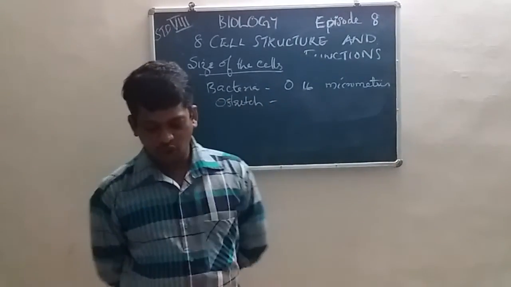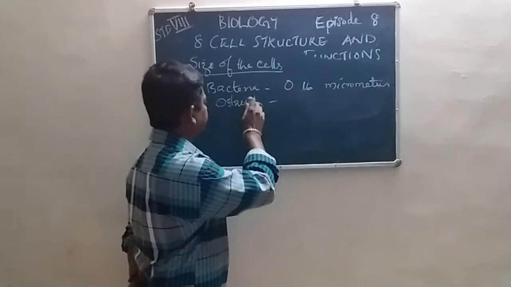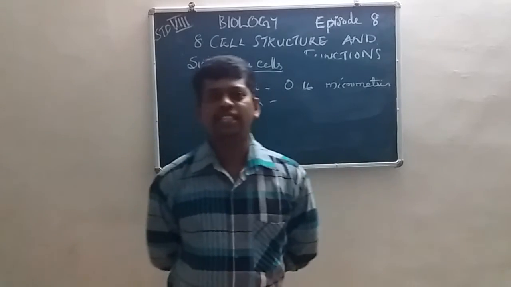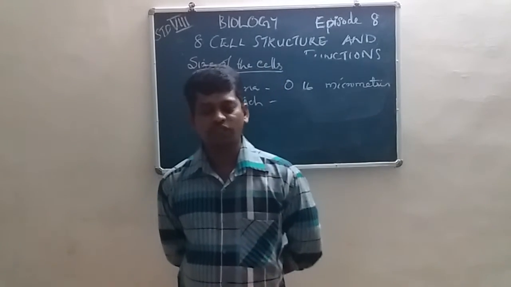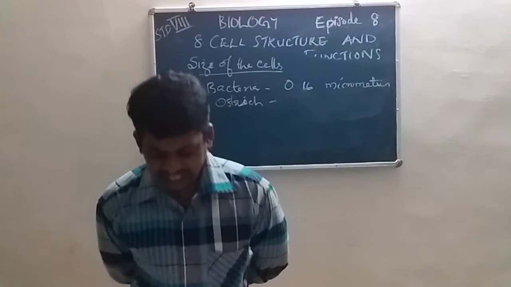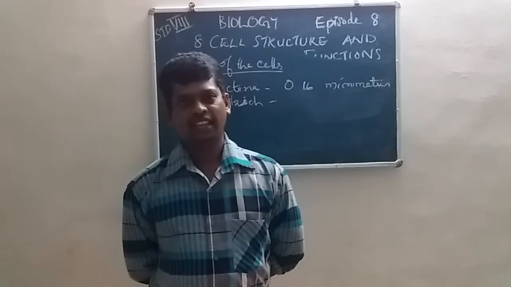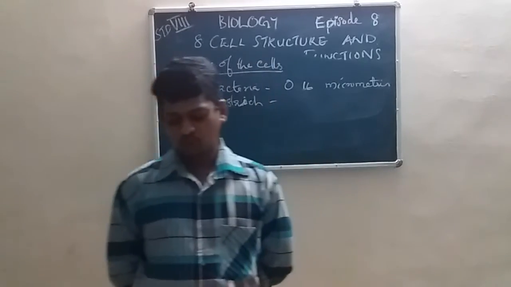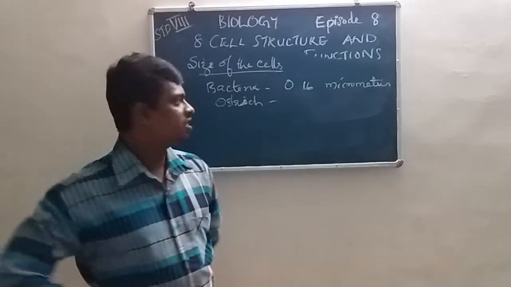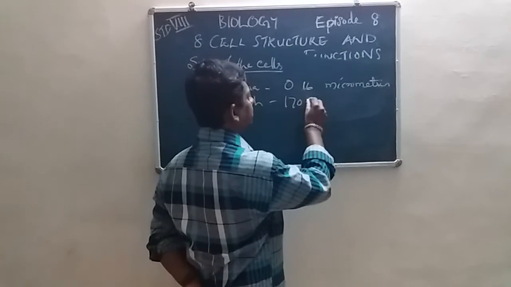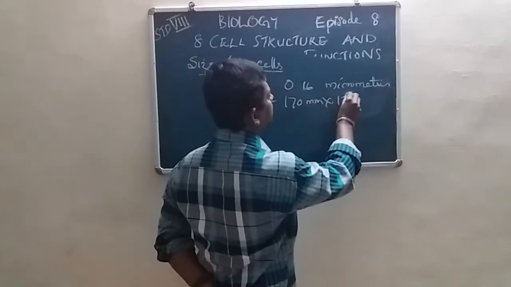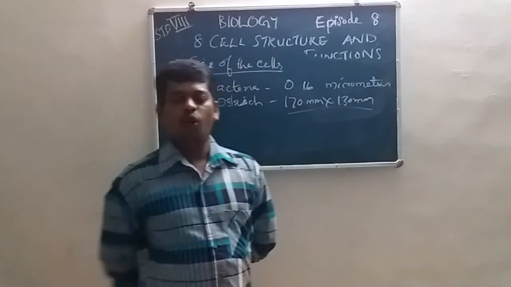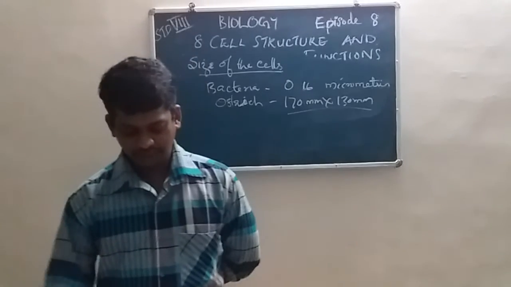The cell of the ostrich is the largest cell. That size is 170 millimeter into 130 millimeter. That is the size of the ostrich egg. Okay.